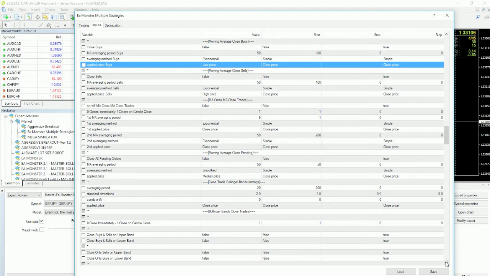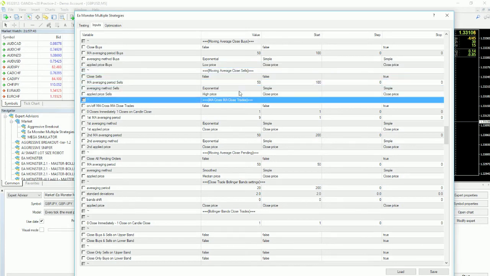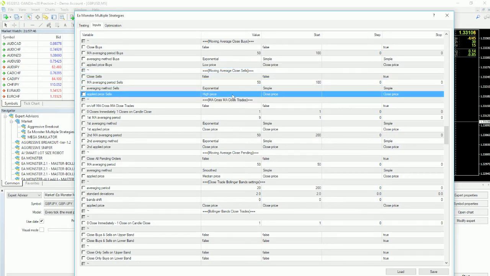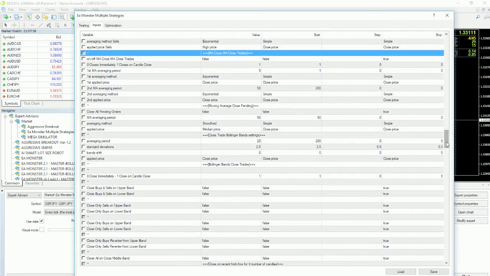Because you might want to close the buys on the low of the moving average, so we have the low price here. Of course, you can change it if you want, but you might want to close the sells on the high price of the moving average, so it gives it a little bit more room before it closes, so you don't get in a fake, closing-too-soon situation.